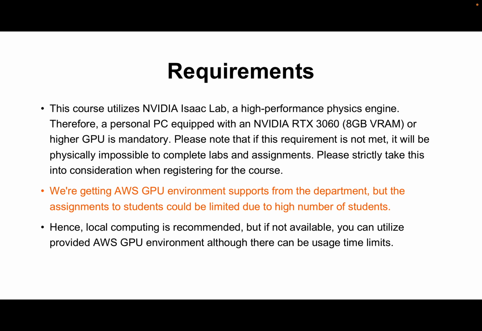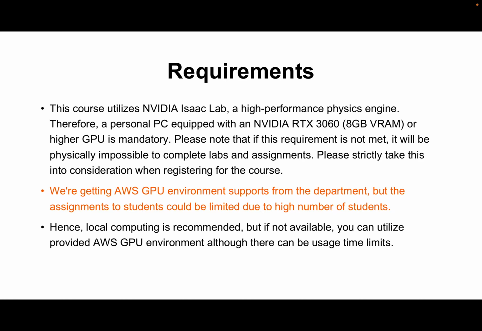This course utilizes NVIDIA Isaac Lab, a high-performance physics engine. Therefore, a personal PC equipped with an NVIDIA RTX 3060, 8GB RAM or higher GPU is mandatory. Please note that if this requirement is not met, it will be physically impossible to complete labs and assignments, including the final project. Please strictly take this into consideration when registering for the course. I wrote this in the syllabus, but recently I got support for an AWS GPU environment from the department, but assignment to students could be limited.